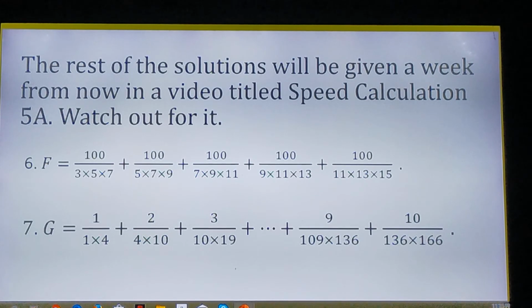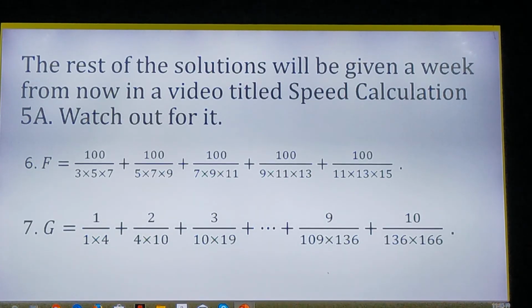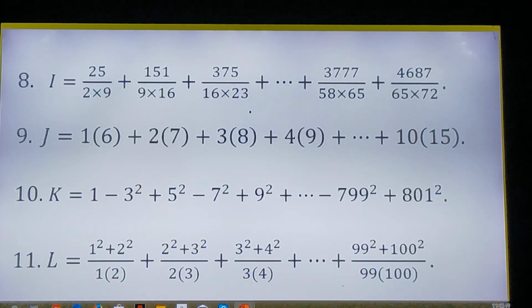So the rest of the solutions will be given a week from now in a video titled Speed Calculation 5A. So watch out for it. So in this slide, we have problems 6 and 7. Then we have problems 8, 9, 10, and 11.